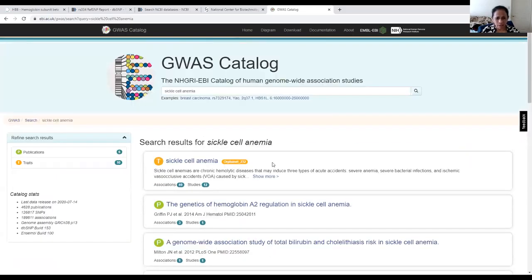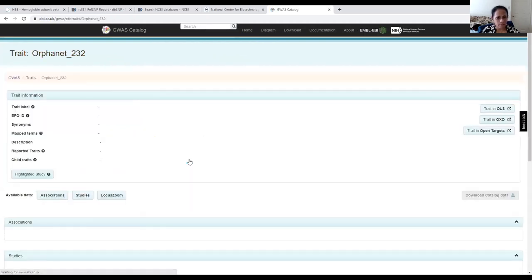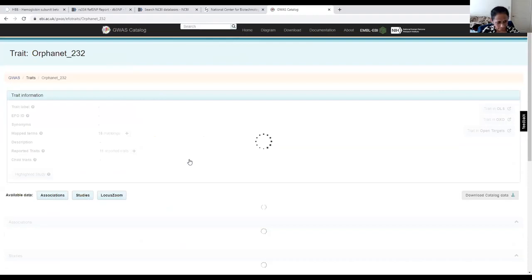We'll look at the traits, right? Now we'll click on this and we can get to all the traits and everything else, right? You click on sickle cell anemia. It may take a little bit of time because there's a lot of data, I'm sure it's going to take some time.